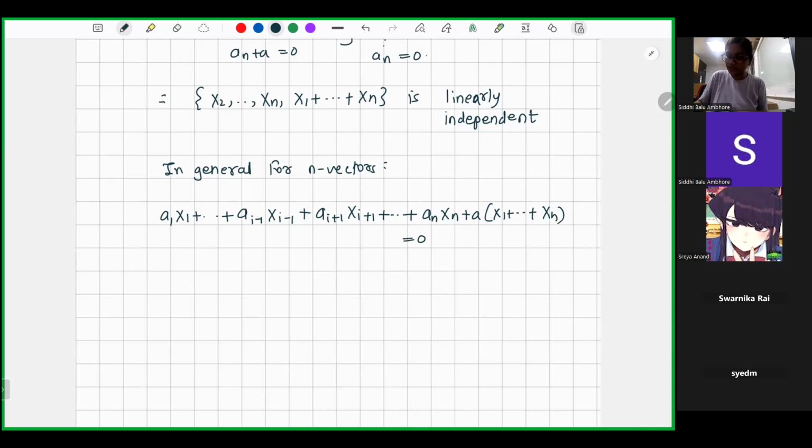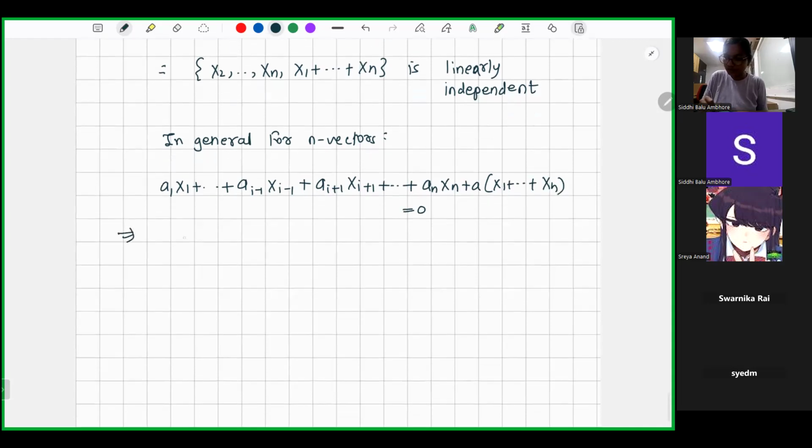If this needs to be 0, what I get is a1 plus a times x1, plus a(i minus 1) plus a times x(i minus 1), plus a times xi. Here I have everything, xi up to xn.